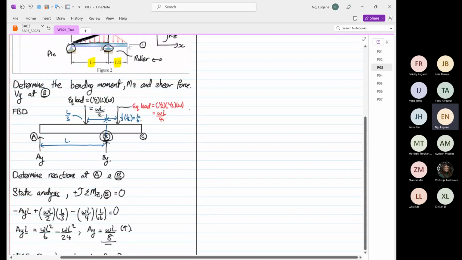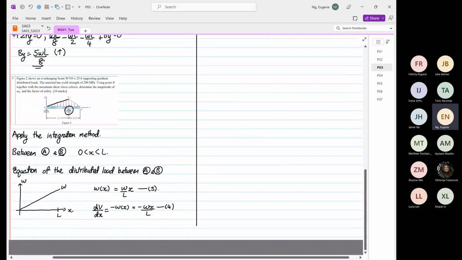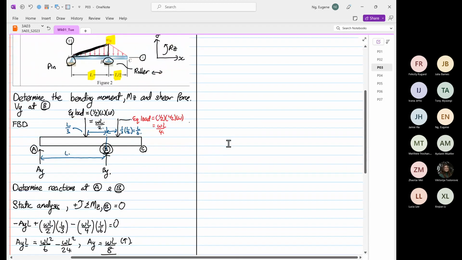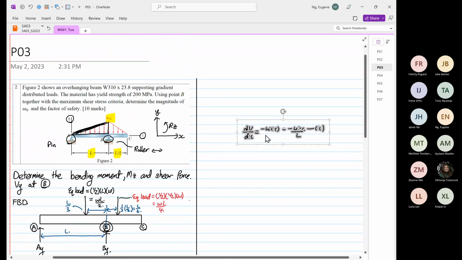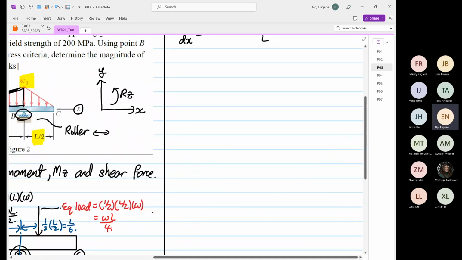So once we integrate, let me copy this equation so you can see it. We have equation number 4.